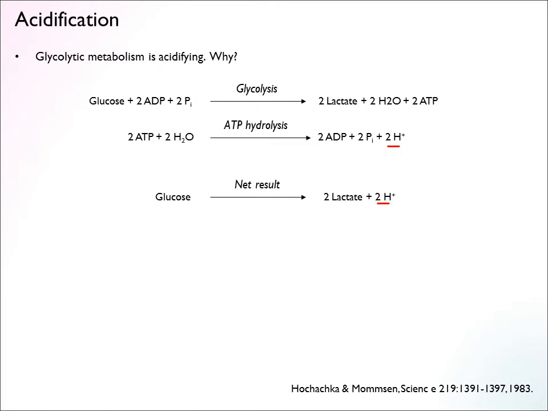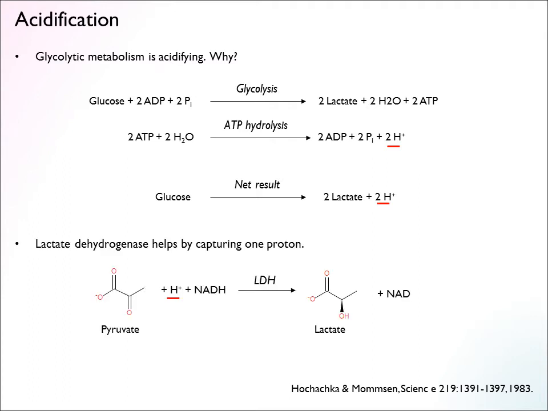This is detailed in a great article by Peter Hochachka in Science 30 years ago now. But it's a good article to read if you're interested in this kind of stuff. One also important point with this is that lactate dehydrogenase, so far from actually producing lactic acid, it actually helps.